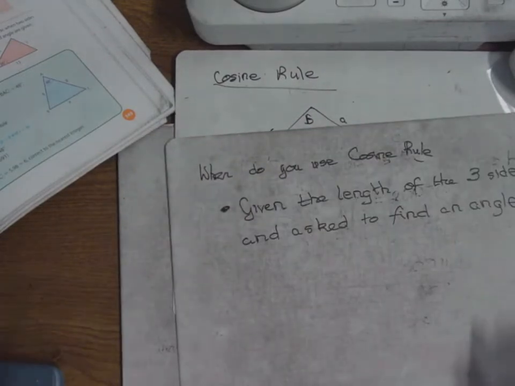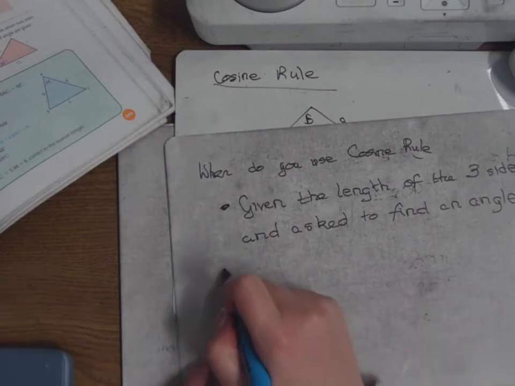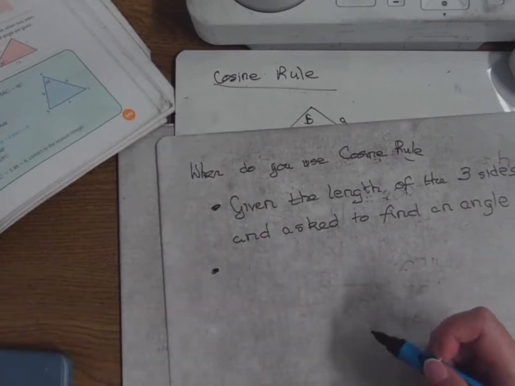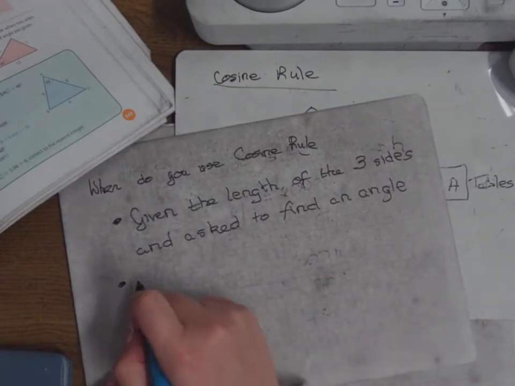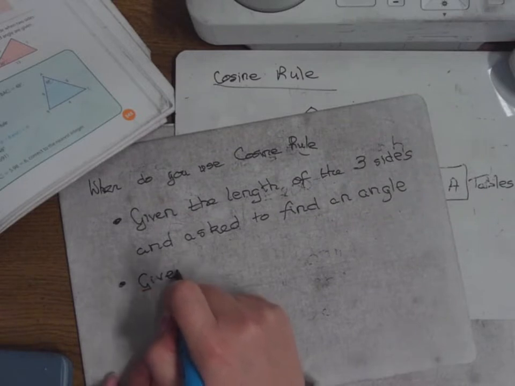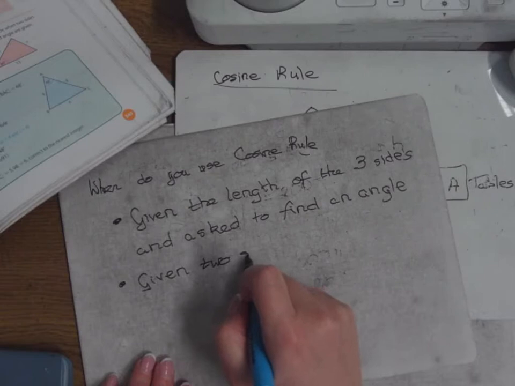So you're given a, b, c, small a, small b, small c, and you're asked to find one of the angles, right? And the second occasion when you would need to use the cosine rule, girls, would be if you're given two sides and the included angle.